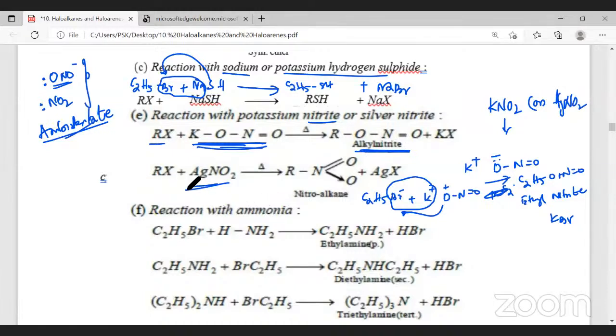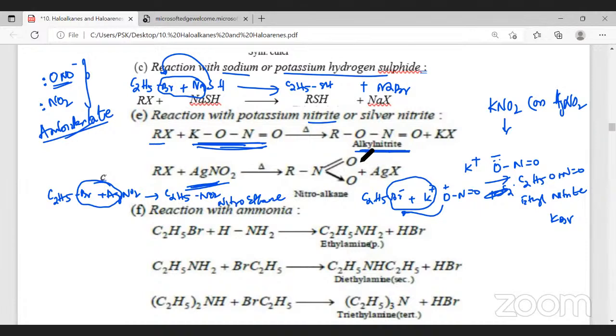But when we are using silver nitrite, C2H5Br, when it's allowed to react with AgNO2, AgBr gets eliminated. And what is formed? C2H5NO2. So nitrogen becomes the donor atom here. So this will be called nitroethane.